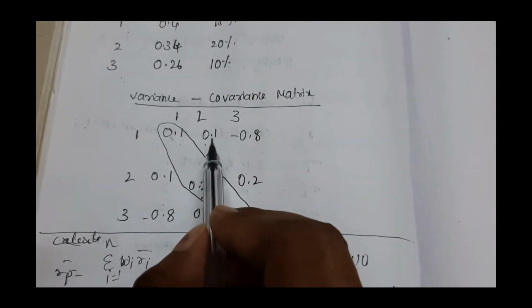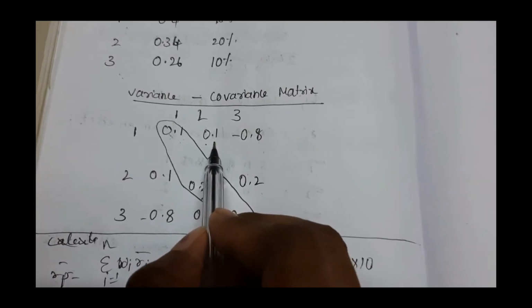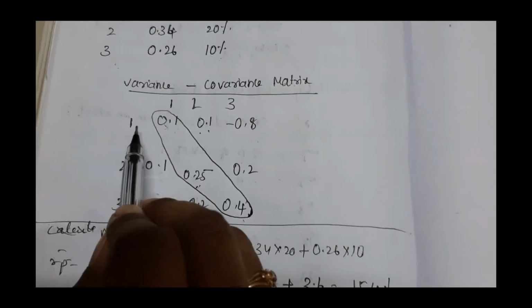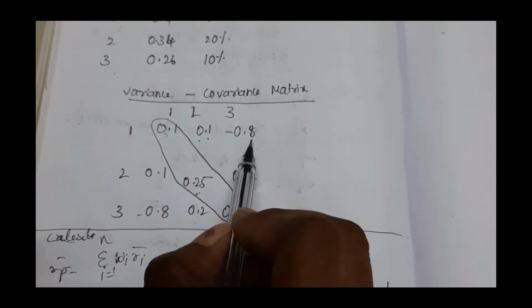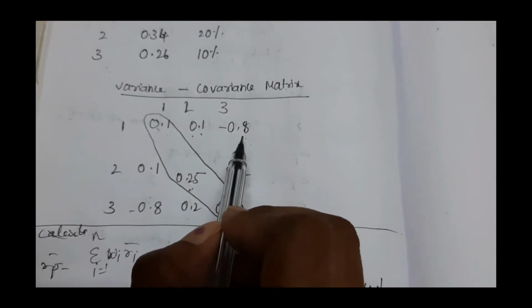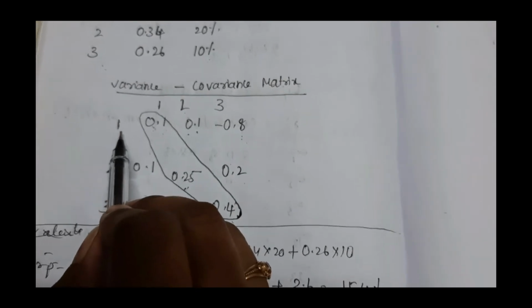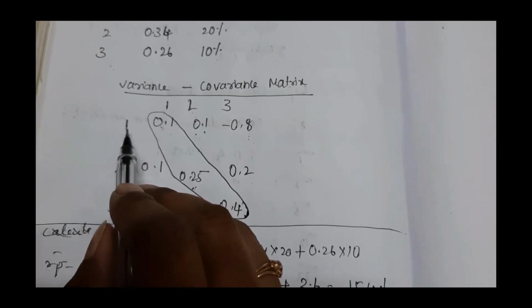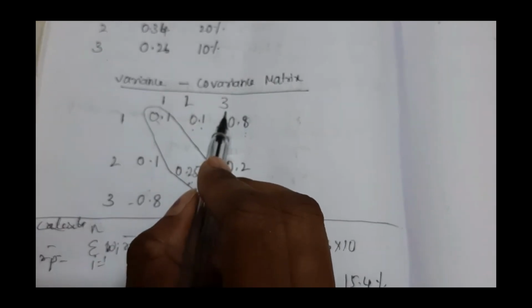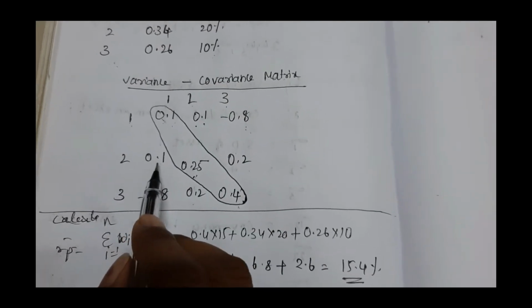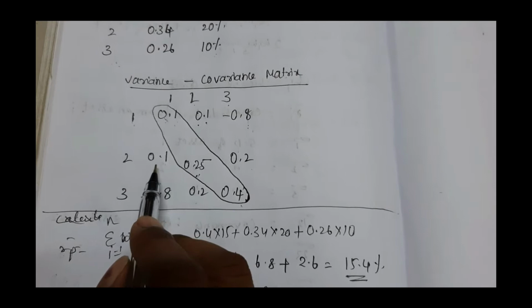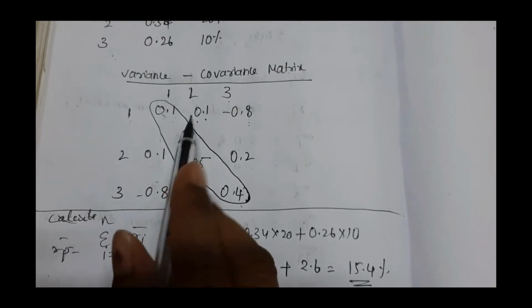So here 0.1 is the covariance of securities 1 and 2. Minus 0.8 represents the covariance of securities 1 and 3. Here 0.1 represents the covariance of securities 2 and 1 again.